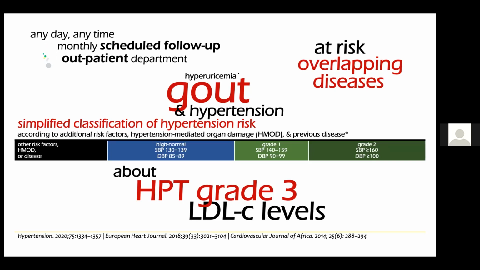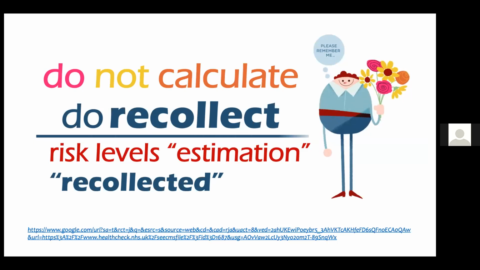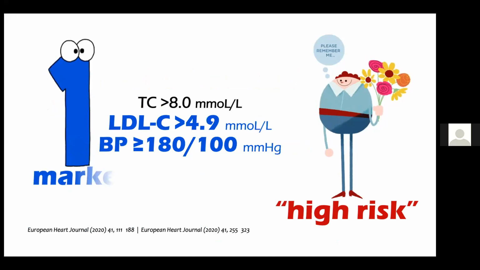Restricting ourselves to the topic today, whenever you have a patient with grade 3 hypertension, that patient is automatically high risk. You don't need to enter any data. You just record that patient as high risk. You don't calculate for this patient; you just remember who they are and grade them.